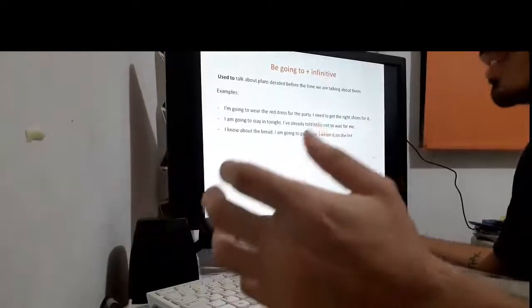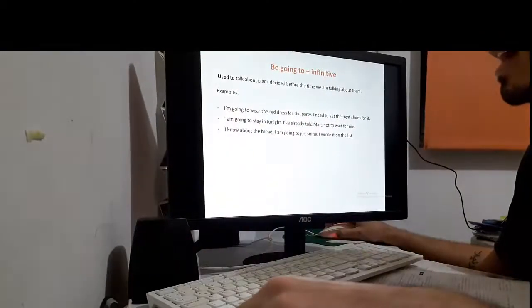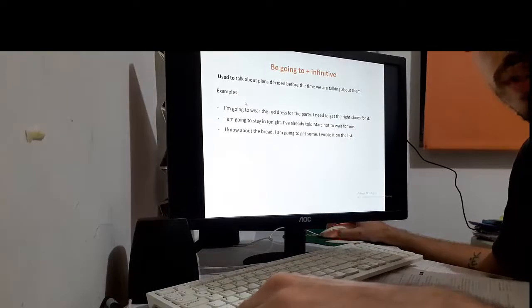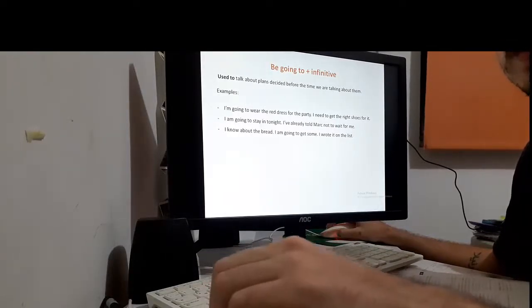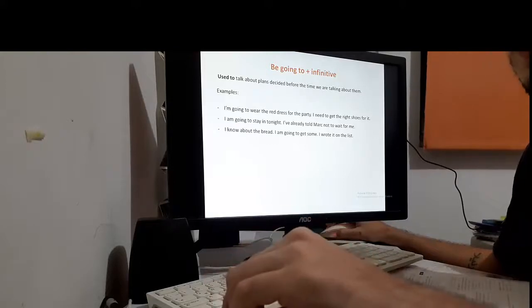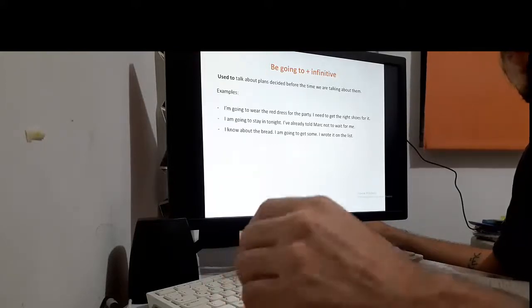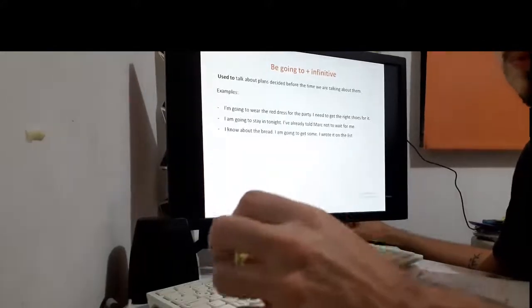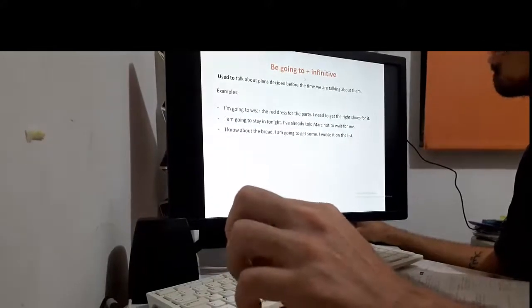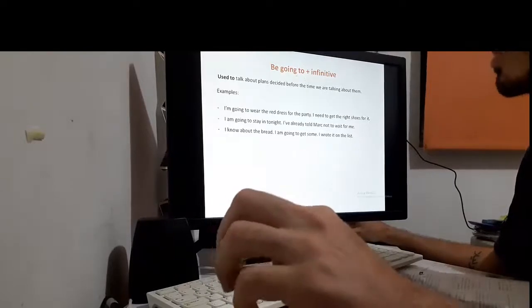What's the difference? The difference is that you don't use a specific time or place. You are not saying when you are going to do that or where you are going to do that. That's the most important difference between be going to and the present continuous.